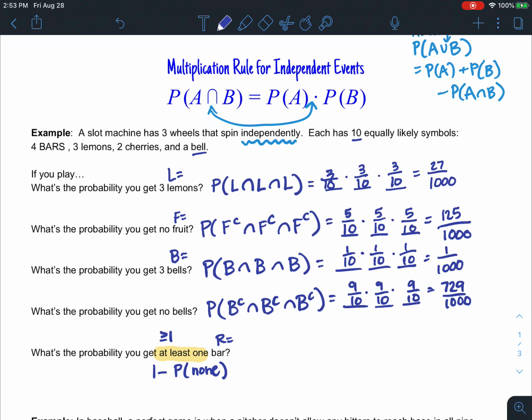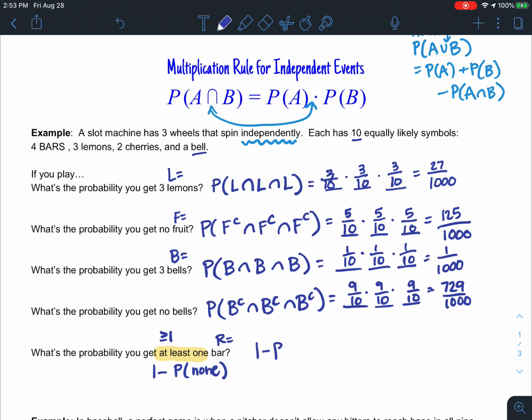That's the complete opposite. So let's do 1 minus the probability of none. So as you're going through the rest of this probability unit, if you come across the phrase at least 1, remember that it's easier to do 1 minus the probability of none.